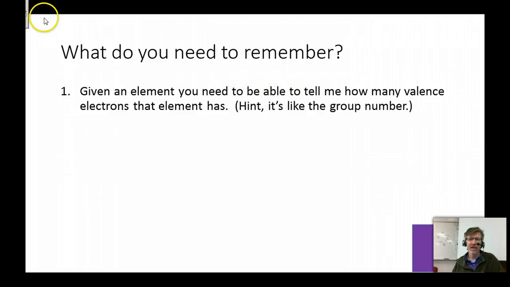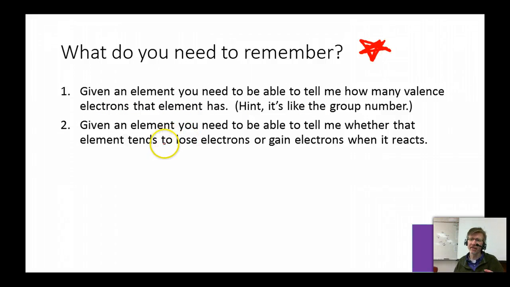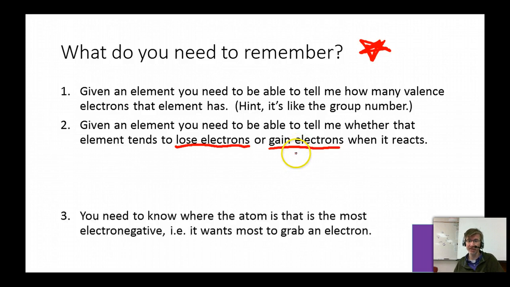So first of all, what do you need to remember? Given an element, you need to tell me how many valence electrons that element has. And remember, it's like the group number. All right, given an element, you need to be able to tell me whether that element loses electrons, one option, or gains electrons when it reacts. So which is it? It'll have a certain tendency.